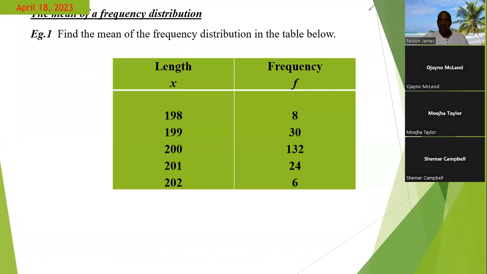All right. So you have to look at the frequencies to tell you how many values you really have in total. You add up these numbers and that tells you how many values you actually have. So it's telling you about those that are repeated. Now, when we add up the frequency, we get 200.